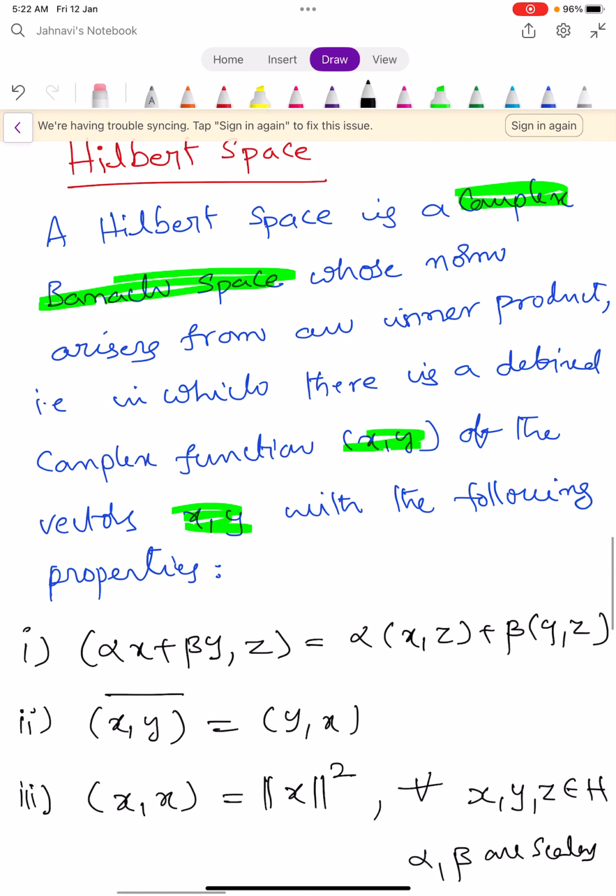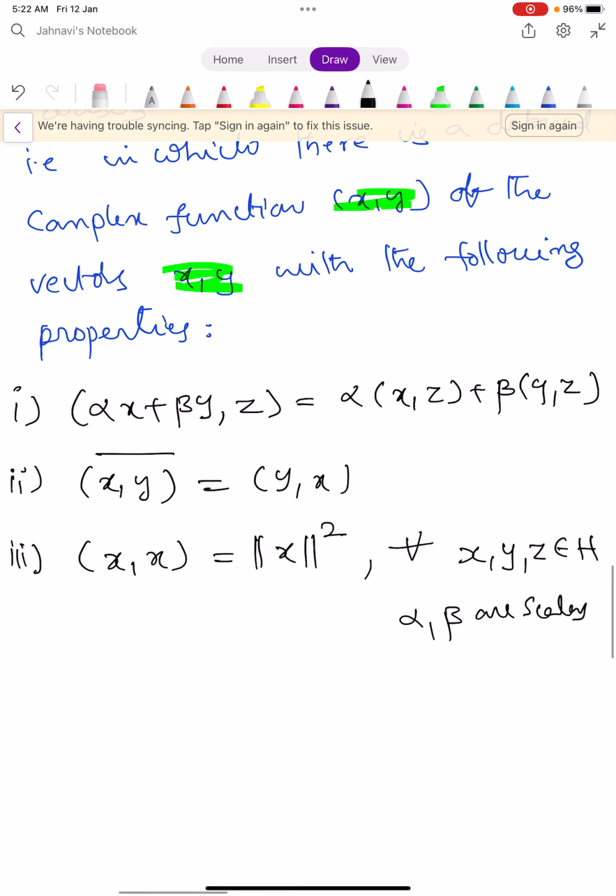I repeat this definition. A Hilbert space is a complex Banach space whose norm arises from an inner product, that is, in which there is a defined complex function x comma y of the vectors x comma y satisfying three conditions.